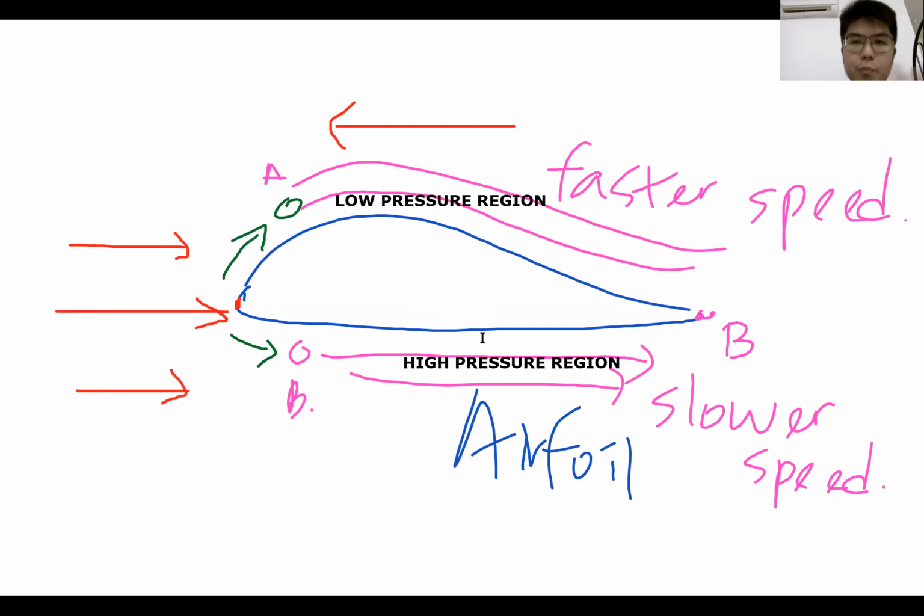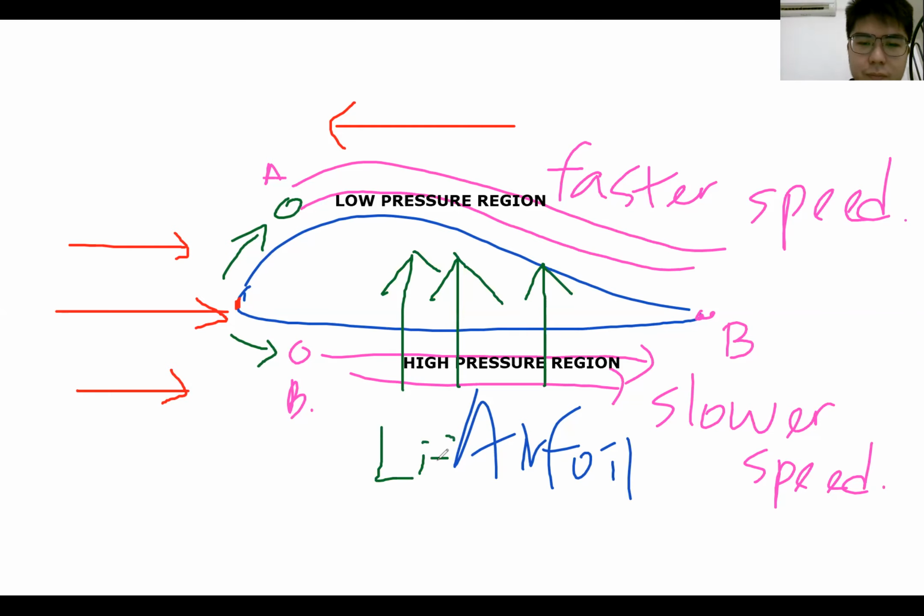So there is a pressure differential here. As a result, there is a resultant force acting upward, because the resultant force acts from the high pressure region to the low pressure region. This resultant force we call the lift. And this is how airplanes fly.